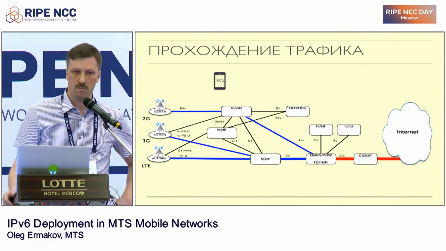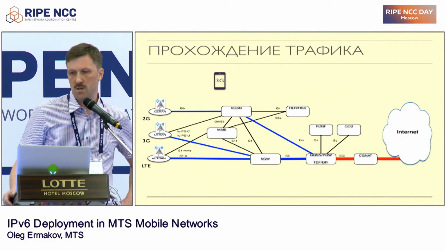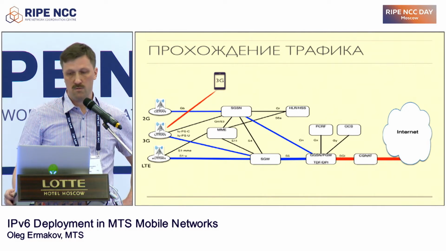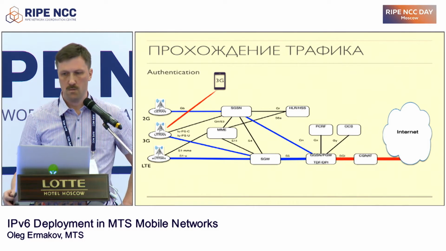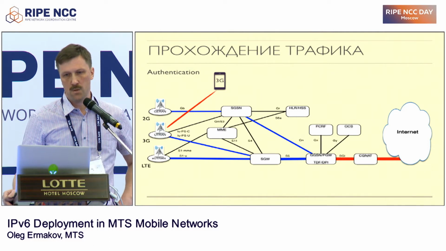So we have a phone that uses 3G. It doesn't really matter whether it's 3G, 2G, or 4G. So our phone is identified by a 3G base station, and it goes through authentication.